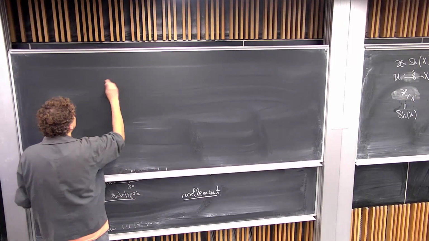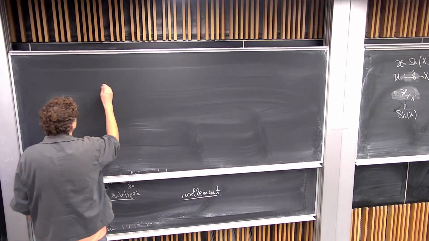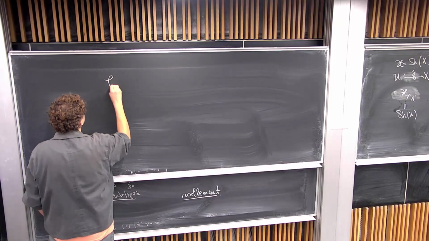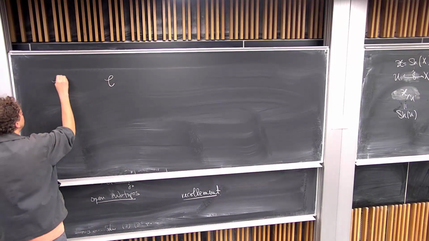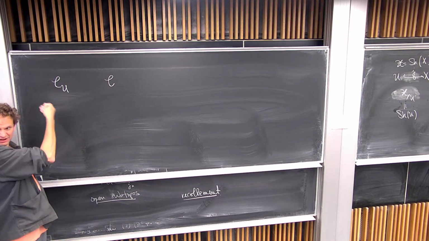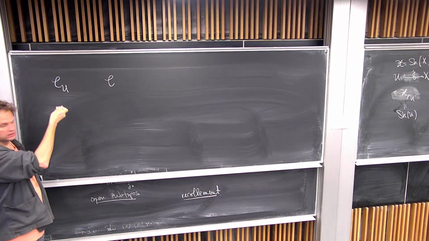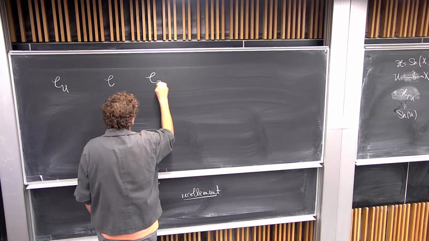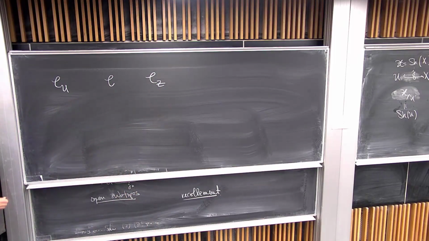You've got a category that you like. Maybe I'll call this C. And you have a category that I want to think of as the category attached to some open. And you've got another category which I want to think of as the category attached to some closed.